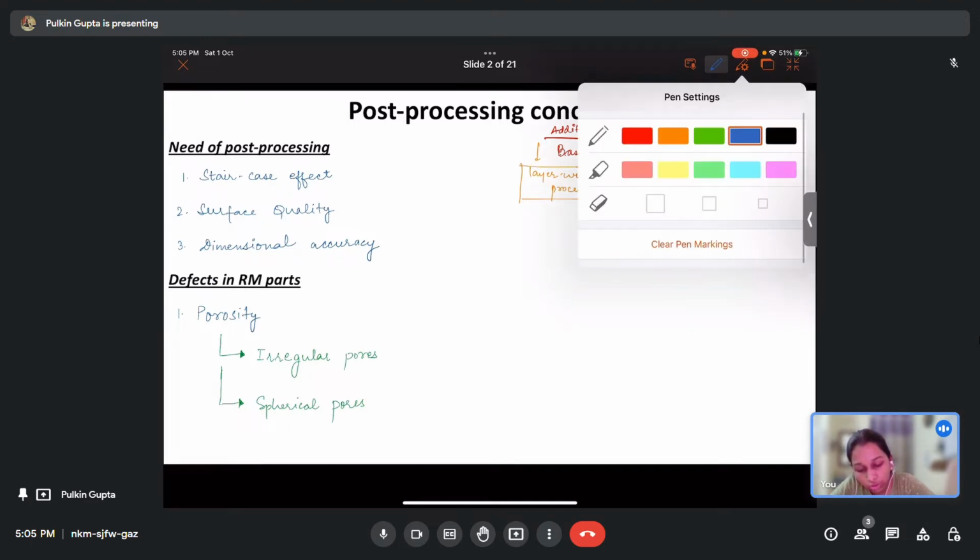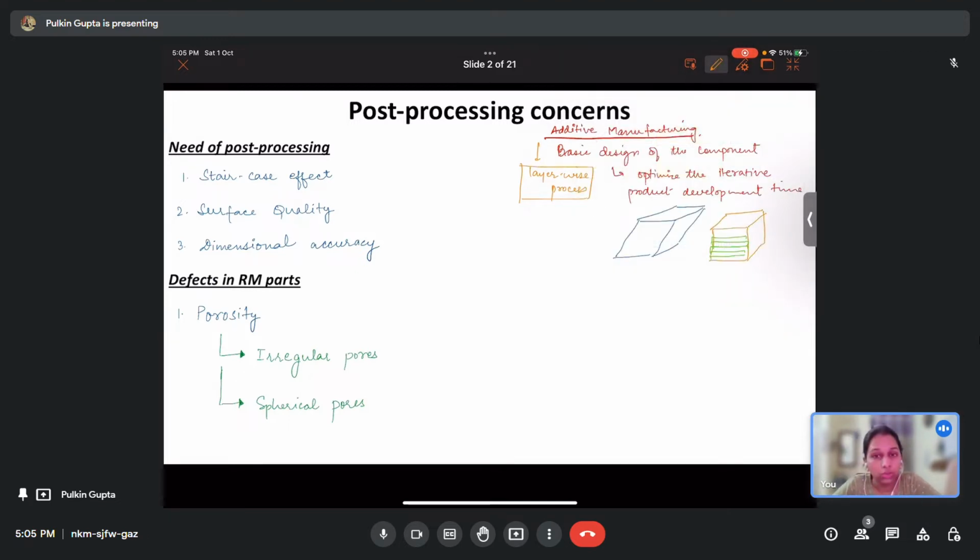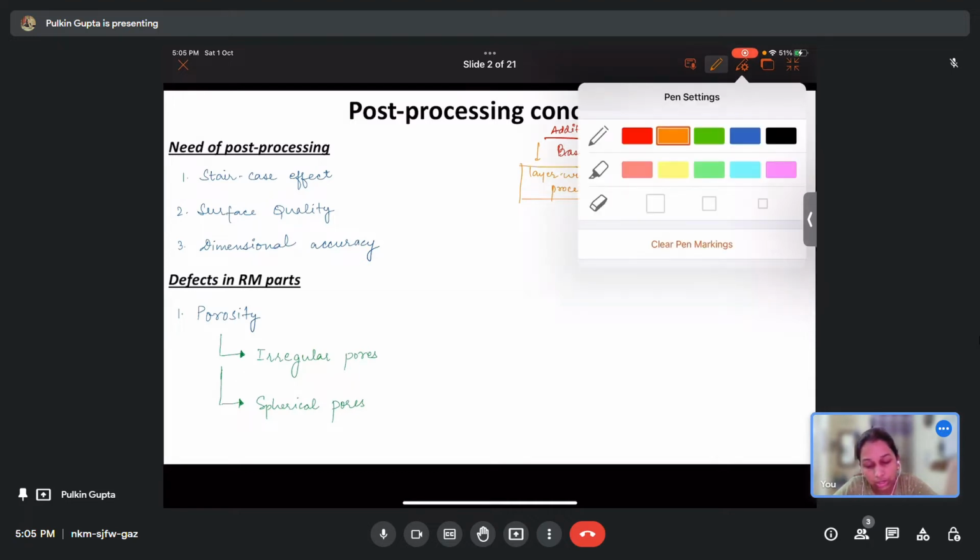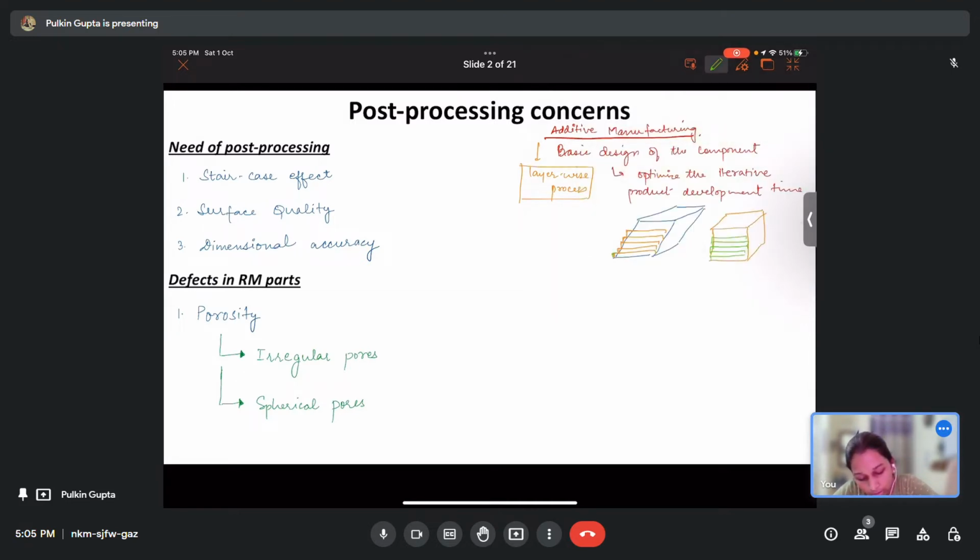When this geometry is discretized, and a single layer is being drawn, it will be discretized in this manner. You see here a kind of stairs are formed. This isn't a smooth surface. See, these are all the stairs on a slant surface.